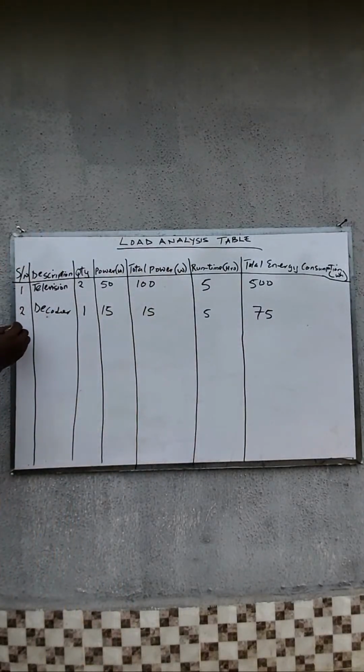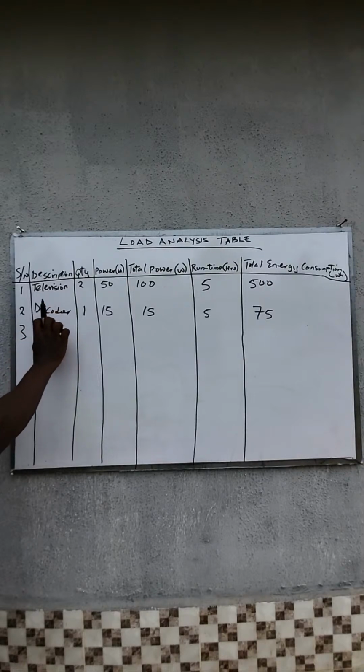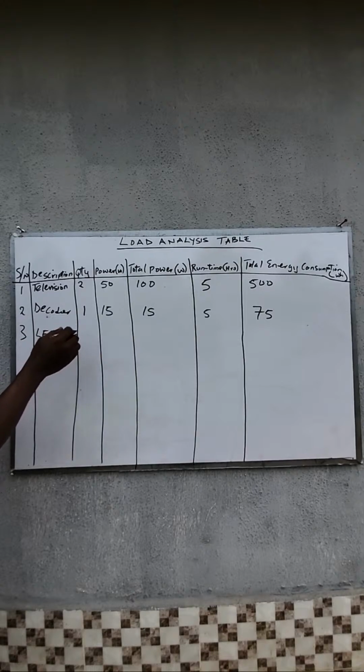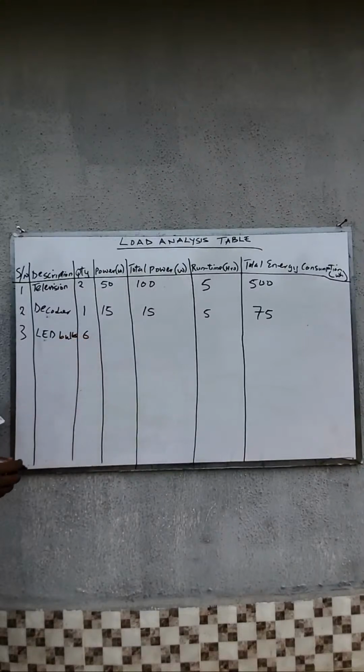Then we move to the next one, number 3. Let's take light bulbs. We have our LED bulbs, and let's say there are 6 in number.